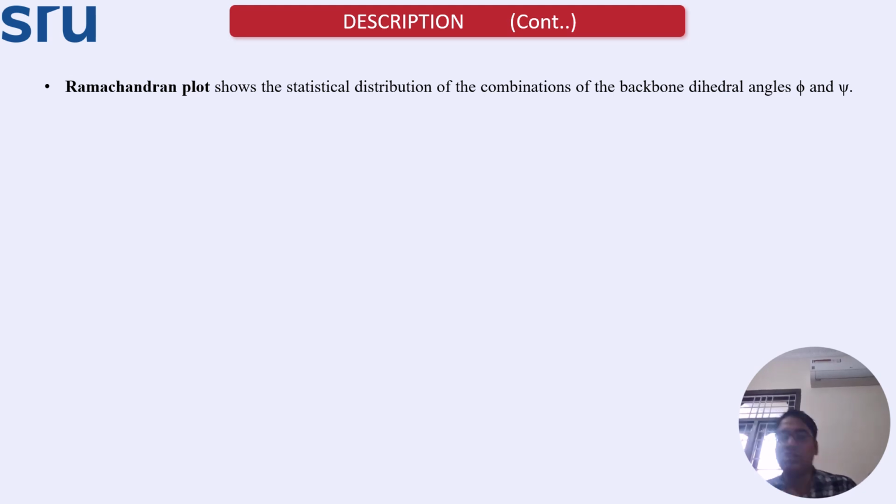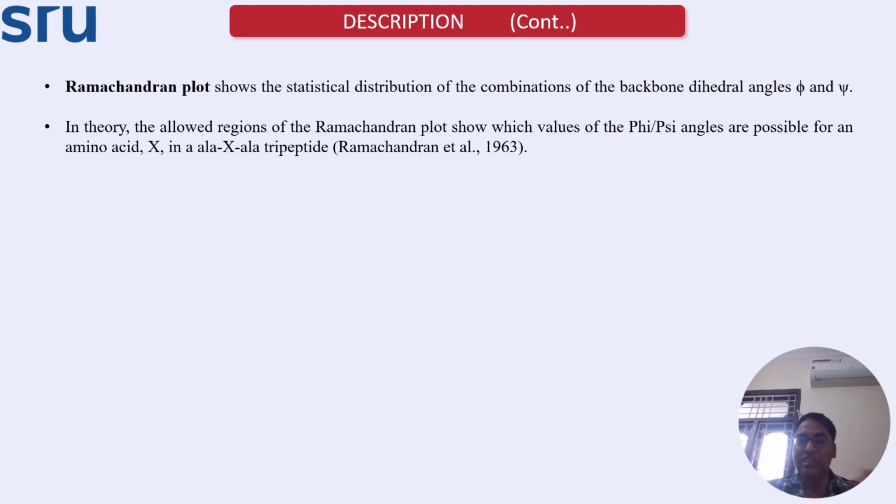Alright, so in the last part of this session, we'll be discussing the Ramachandran plot. Here, the concept is that G.N. Ramachandran, in 1963, was working as an Indian scientist at the Indian Institute of Science, Bangalore. He wanted to study what happens if you put amino acids as alanine-X-alanine, where X can be any amino acid.